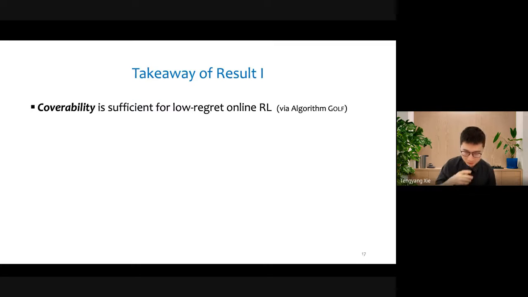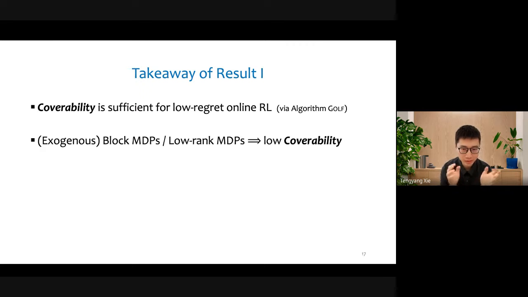Okay, so that's pretty much for our first result, also the main result. Let me summarize it. The first takeaway is coverability is sufficient for low rank online reinforcement learning via the algorithm GOF. And there are many cases that can induce low coverability, for example, exogenous block MDP and low rank MDP.